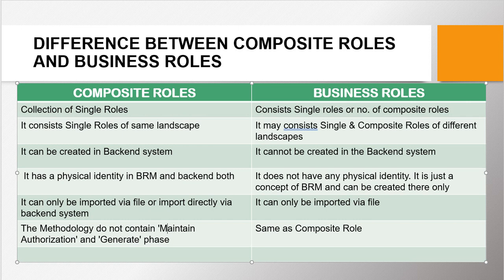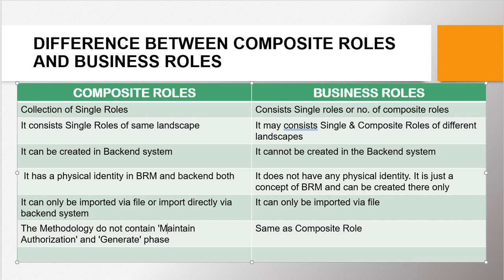Once you start maintaining roles through BRM, the role definition exists in BRM, and then it is pushed to the backend system also. But a business role does not have any physical identity. It's just a concept of BRM and can be created only in the BRM tool.